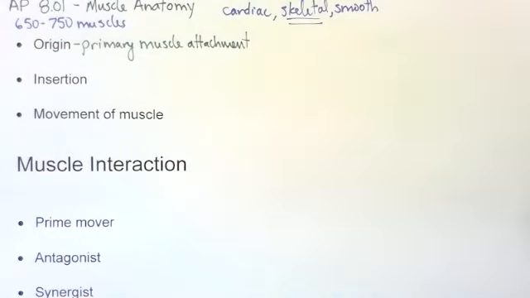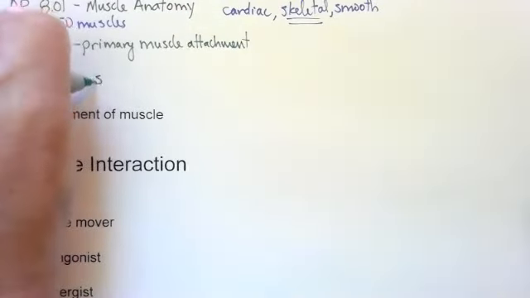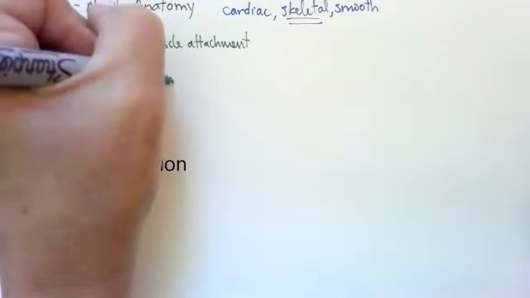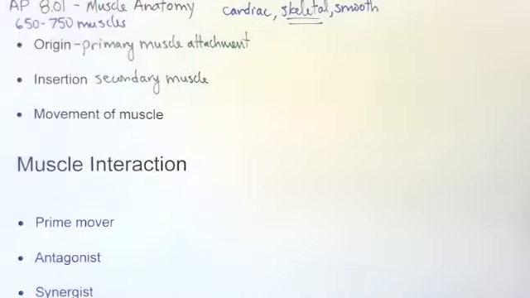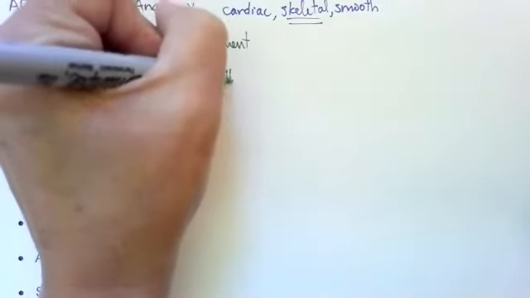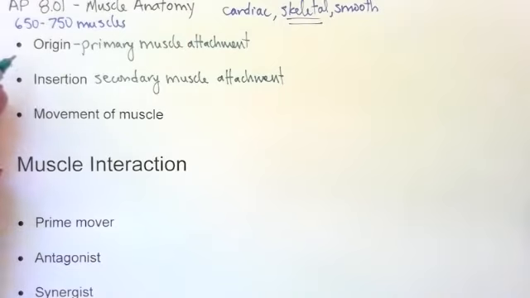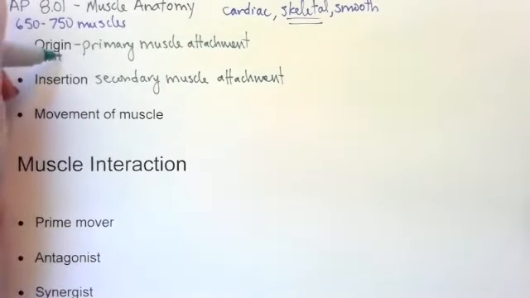And we're going to define the insertion as the secondary muscle attachment. So in other words, when we talk about the origin, we're talking about where a muscle starts and where it ends or stops.